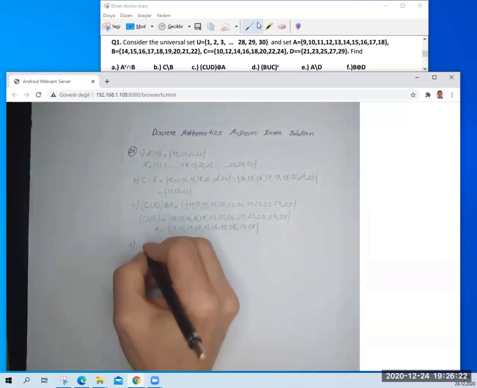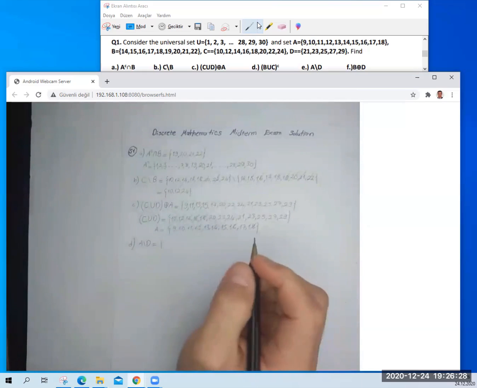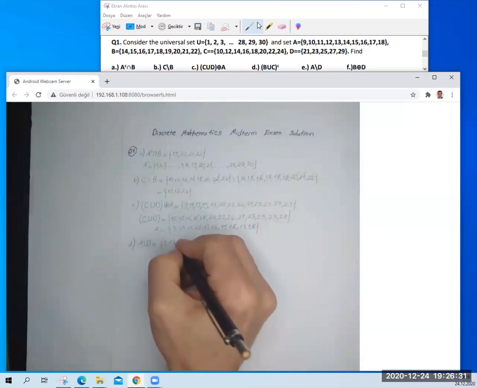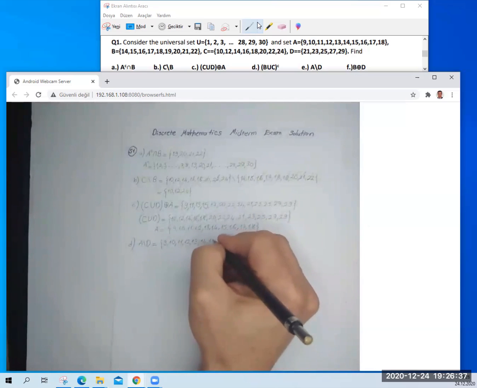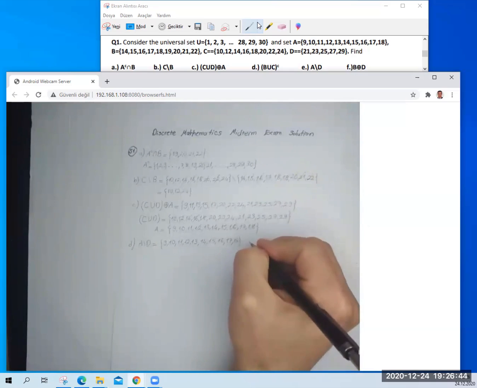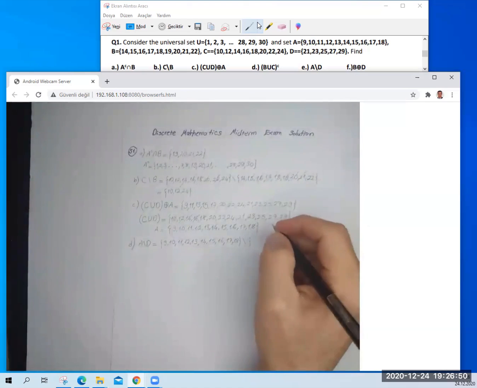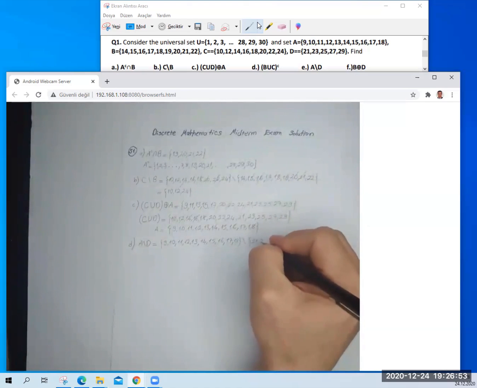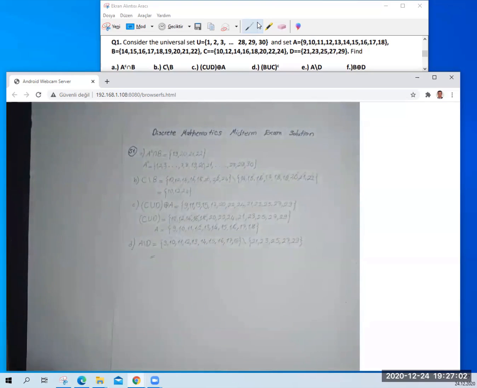And D, A difference D. Let's write A. Set A is 9, 10, 11, 12, 13, 14, 15, 16, 17, and 18. Difference D, what I have inside D is 21, 23, 25, 7, and 29. So let's write the equal sign.